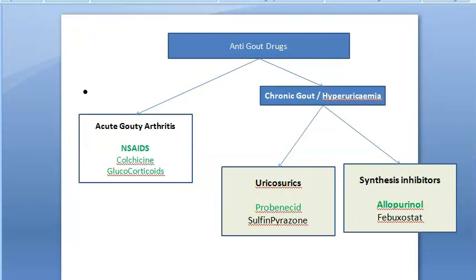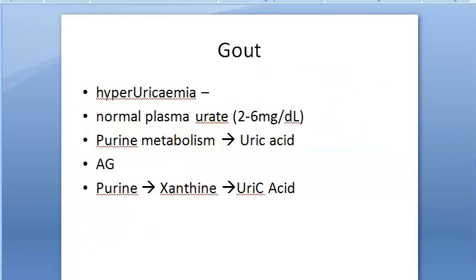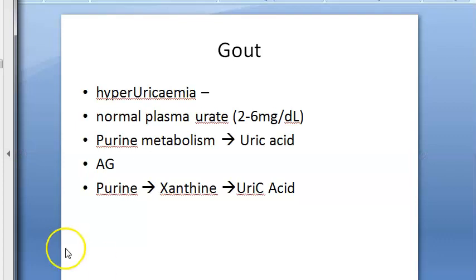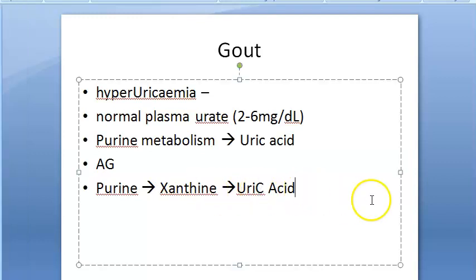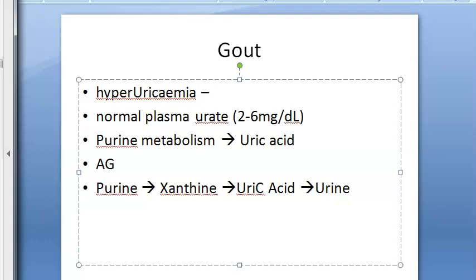So, we were looking at what gout is. Still we were there only, guys. This uric acid has to go into urine. It is excreted in urine. It has low water solubility at low pH.